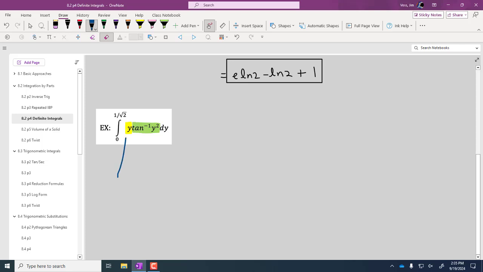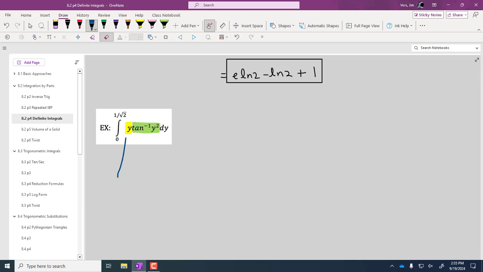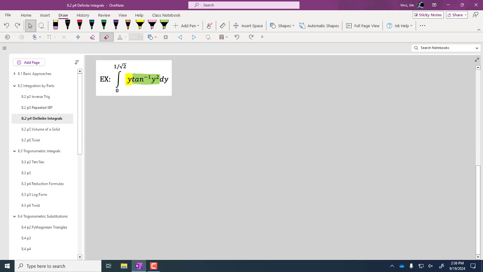So here we go. Ooh, that's not what I wanted to do. I wanted to do that. That's still not going to take that. So let's let u equal the inverse tangent function because we don't know the antiderivative for that.